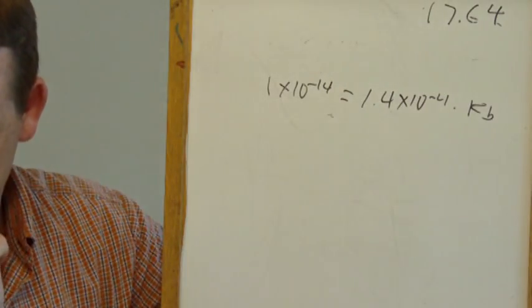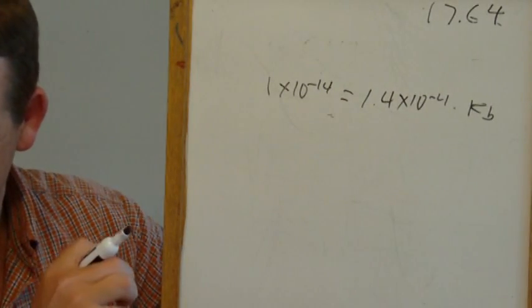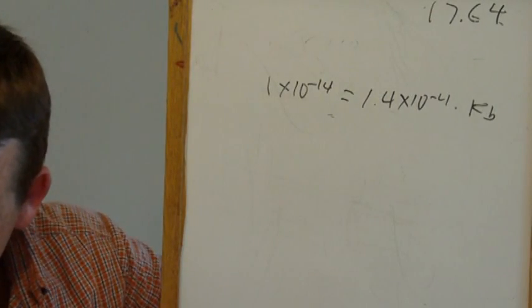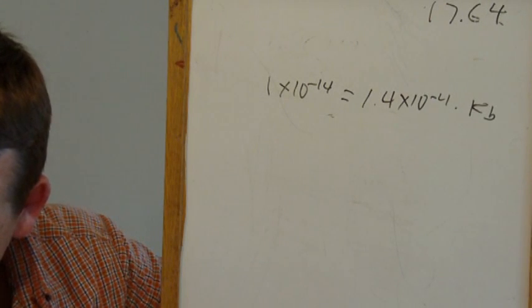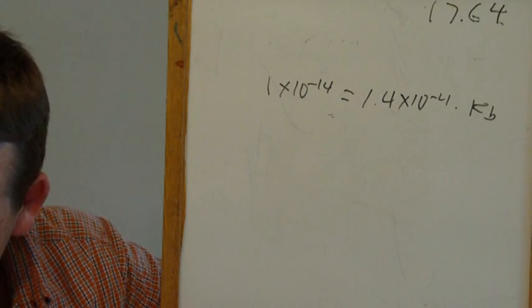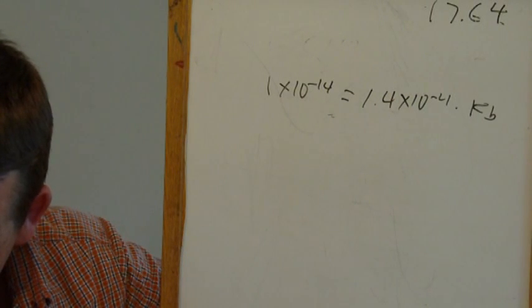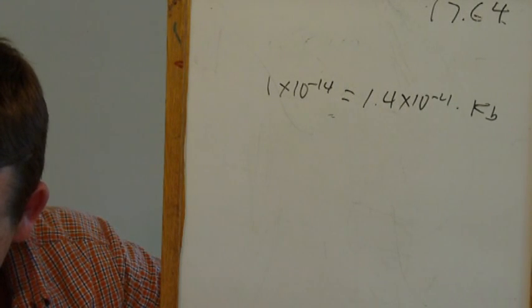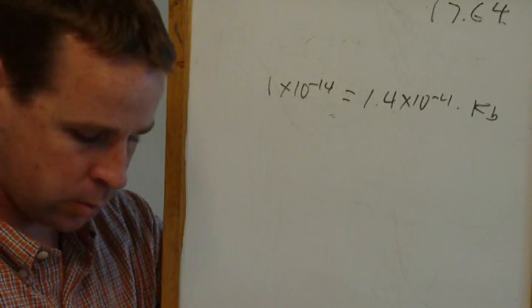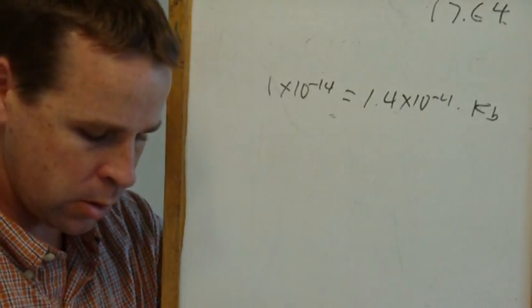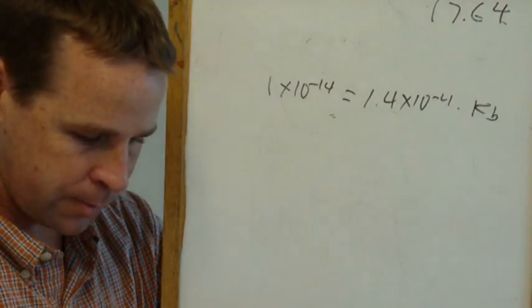And what else? Is its conjugate base a stronger or a weaker base than the acetate ion? Well, let's see. What were we told about the acetate ion? We need to know the Ka for the acetate ion. Let's find out what this one is first. 1 times 10 to the minus 14 divided by 1.4 times 10 to the minus 4.